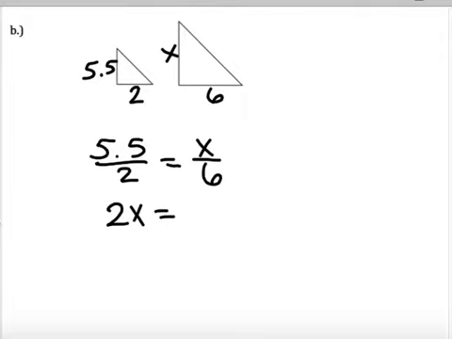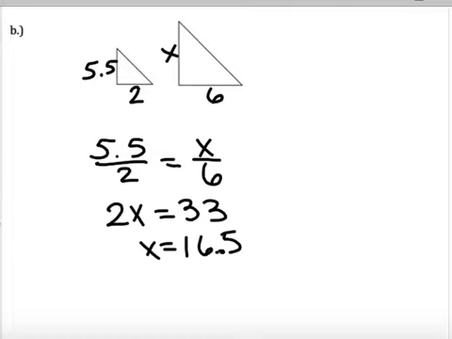So 5.5 times 6, 33. Divide both sides by 2. We know this tree is then 16.5 feet tall. Okay?